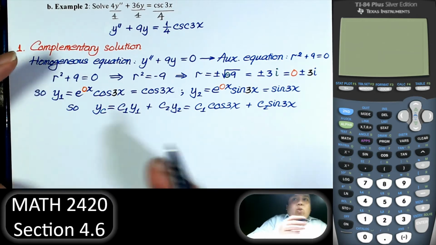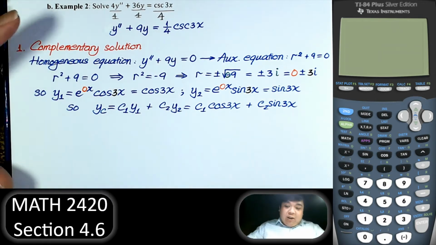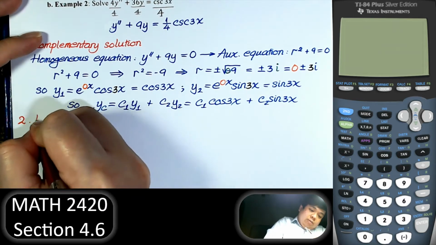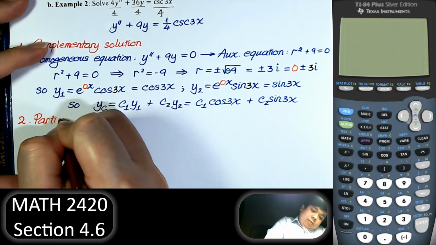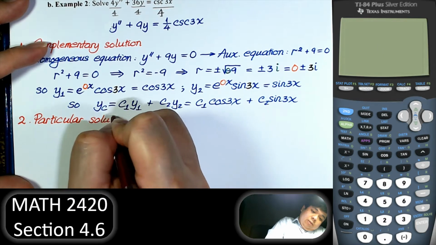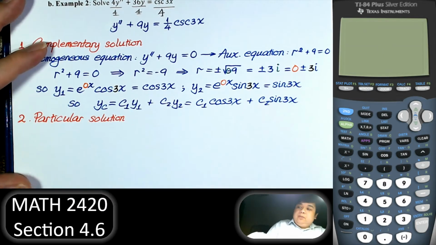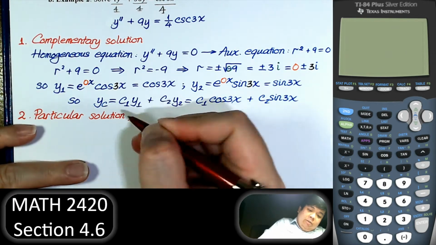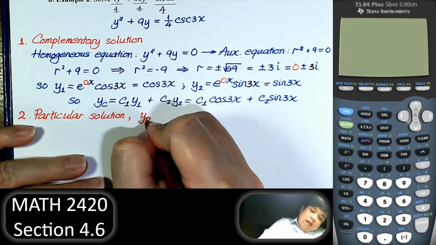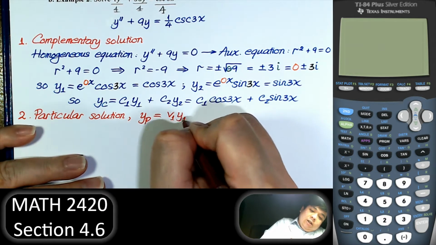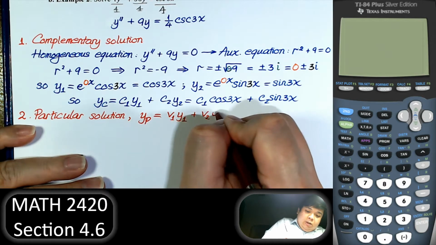Alright, so we have y1 and y2. Now, we do need that for variation of parameters. So second part, of course, is for the particular solution. The particular solution in variation of parameters will take this form of v1 y1 plus v2 y2.